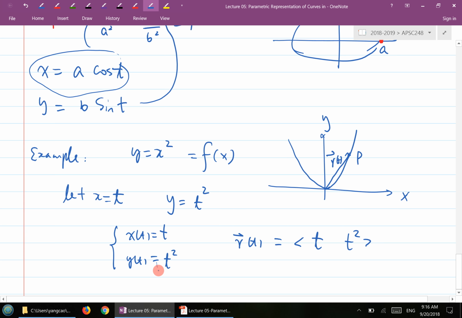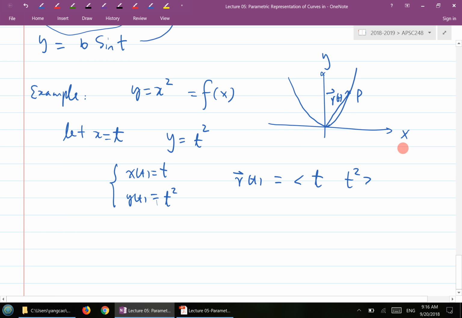Now, I still want you to think about the meaning, also from the motion point of view. If I give you this parametric equation, what kind of motion does it describe? You can try it out at t equal to 0. Where are the coordinates? It's at 0, 0. At t equal to 1, it's at 1, 1.